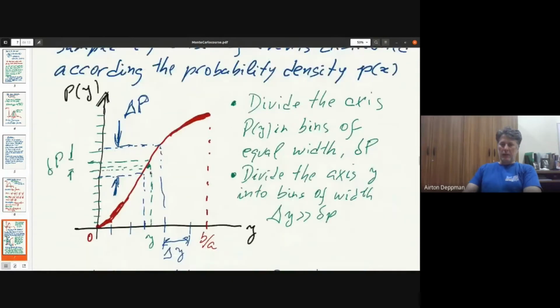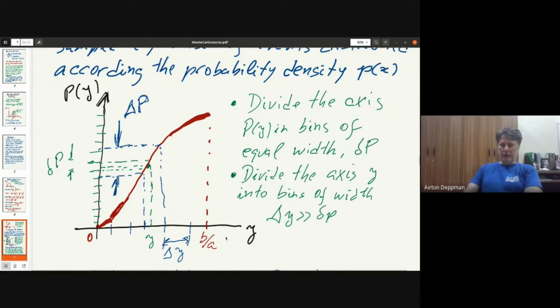Okay, so we have this plot of the cumulant. Now, suppose that we divide this axis of p of y into a number of bins with delta p. Okay, so they are narrow bins along this axis, all with the same width.